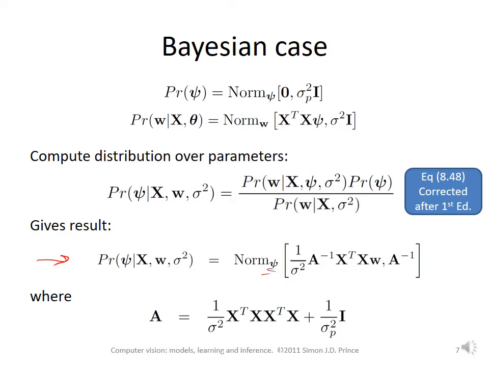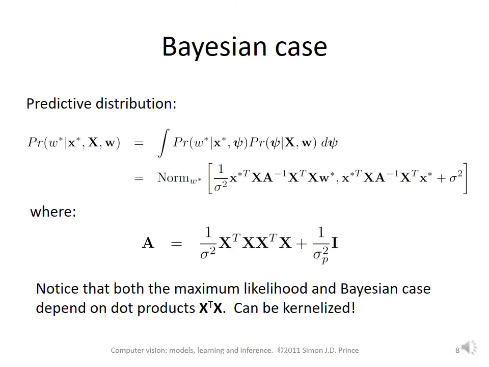Now this is interesting because we now have a normal on psi, whereas previously our model was a normal distribution on phi.